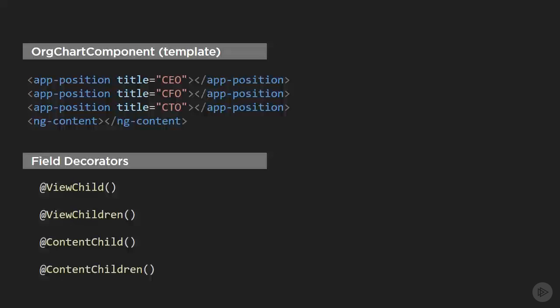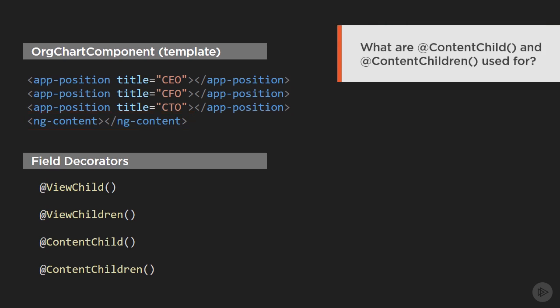In this example, our org chart component has 3 positions, but it's also possible to pass in more content into the org chart, as we can see with the ng-content tag right here. So we've seen the ViewChild and the ViewChildren decorators, and we know what those do. What are @ContentChild and @ContentChildren used for?